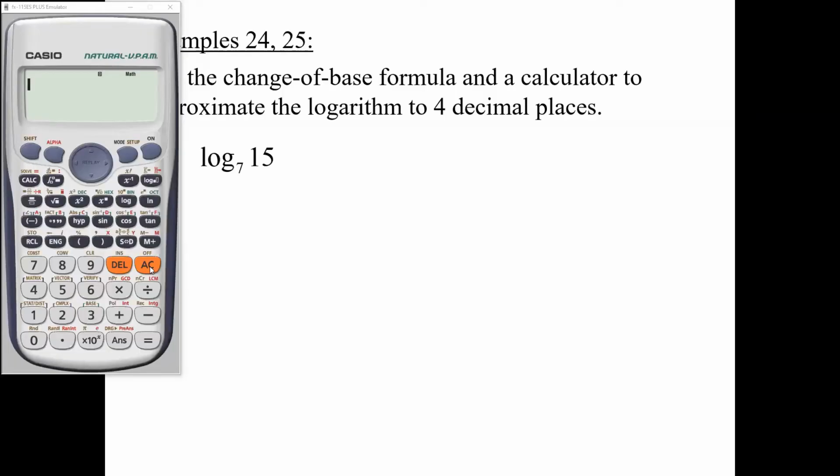Okay, now let's get, okay, hope this works. Log base 7 of 15. The way they would have you do this is take log, whoops, I've got to back up. We have to use the fraction key. Put in log of 15, go down, then log of 7, equals. And I made an error because I didn't close my parentheses.